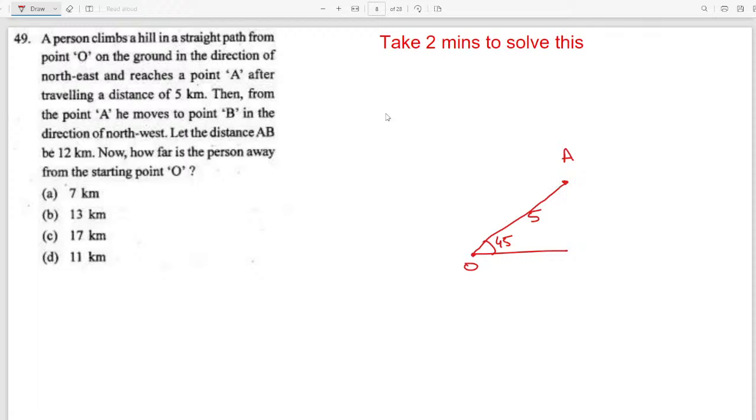And from A, he goes to B, in the northwest direction. And this is 45 degrees. And AB is 12 kilometers. And they are asking what is the shortest distance, I think. Now they're asking how far is the person away from the starting point. So BO.